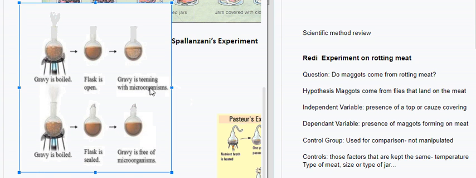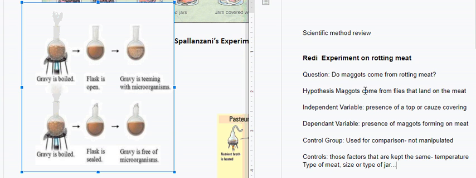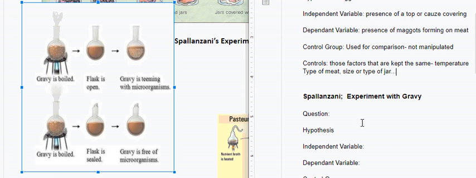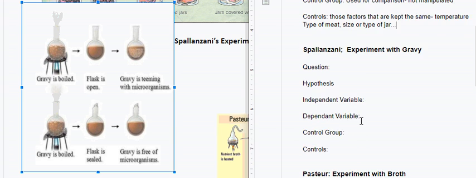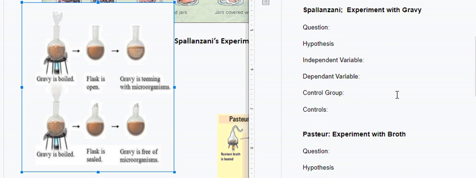So this second experiment, because scientists said, well, wait a minute, what about, just because you didn't have maggots grow in that middle jar doesn't mean that they didn't spontaneously generate, because where did they come from before that?